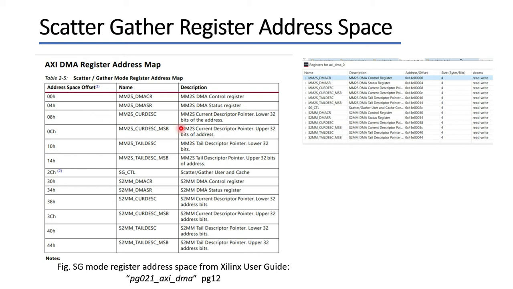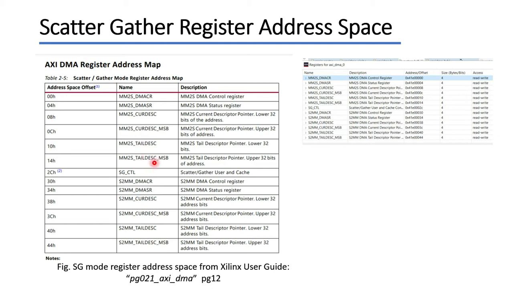This register provides the current descriptor pointer for the memory map to stream DMA scatter gather descriptor management. And similarly, this provides the tail descriptor pointer for the memory map to stream DMA scatter gather descriptor management.